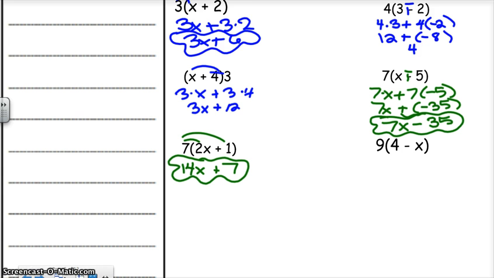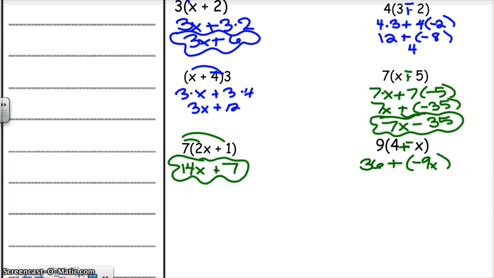Lastly, 9 times the difference of 4 and x. I see the minus, I'm going to add the opposite. 9 times 4 is 36, plus 9 times a negative x would be a negative 9x. You want the x term first.